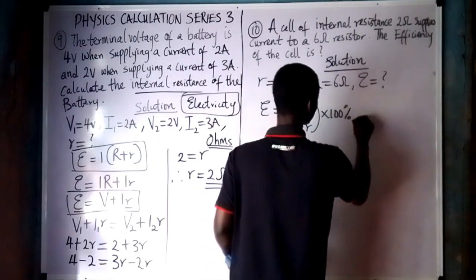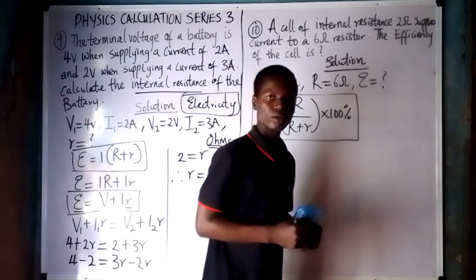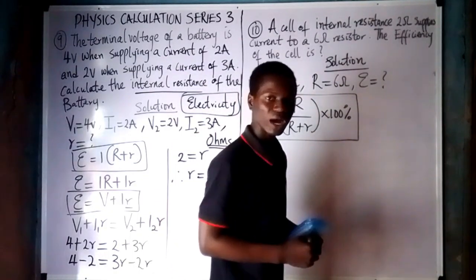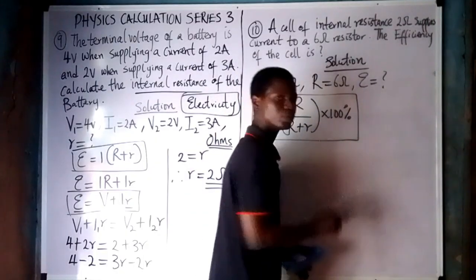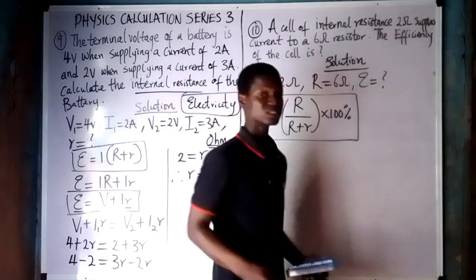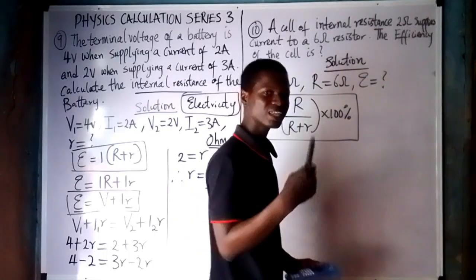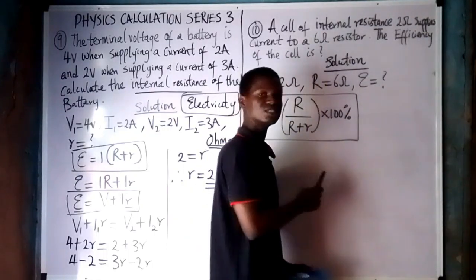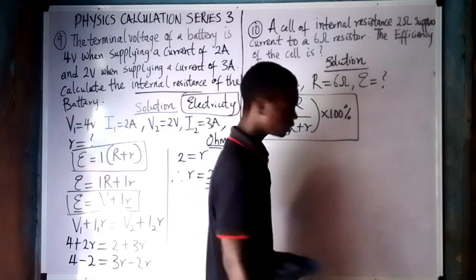That will give you efficiency. So take note of this. Remember, if you are comparing power, what should you have done instead? Output power over input power times 100%. But if you are comparing resistance, it will be the big R, external resistance, over external resistance plus internal resistance, times 100%.